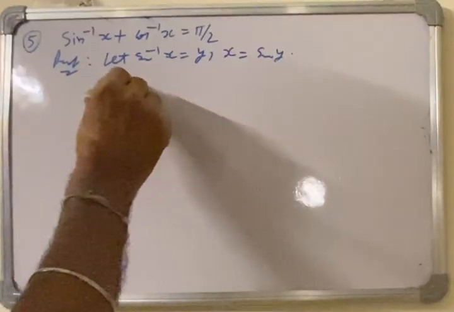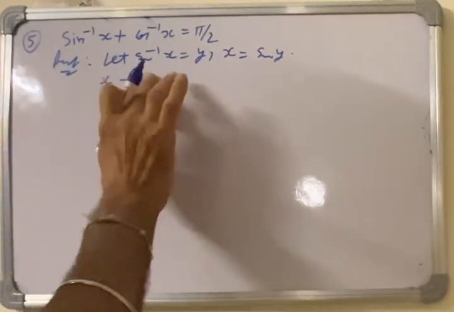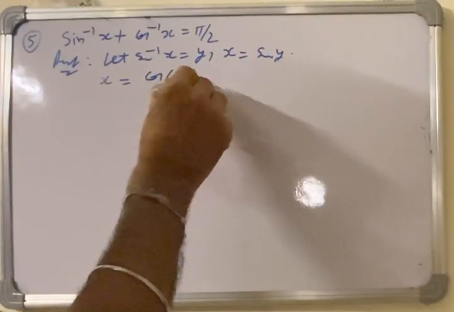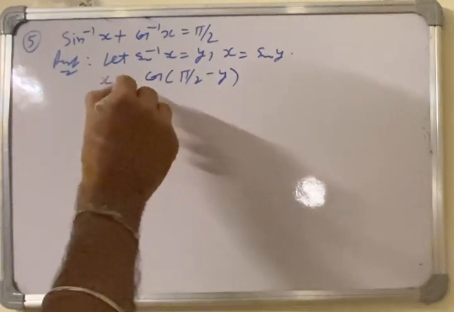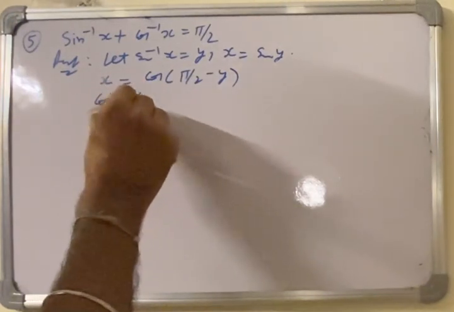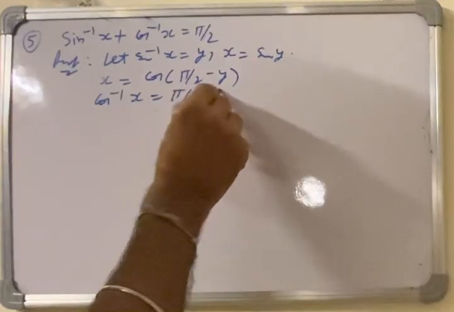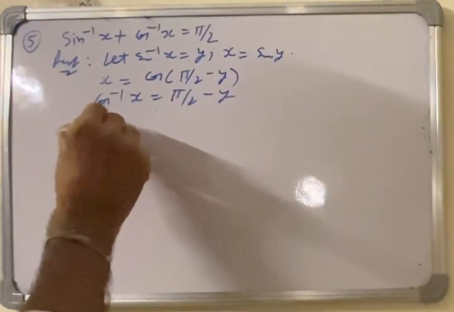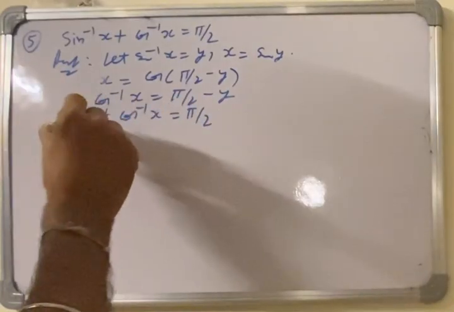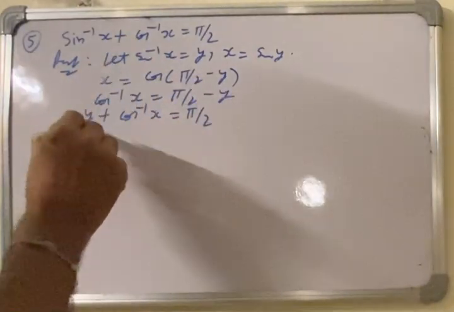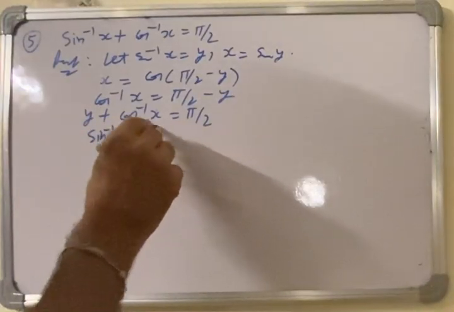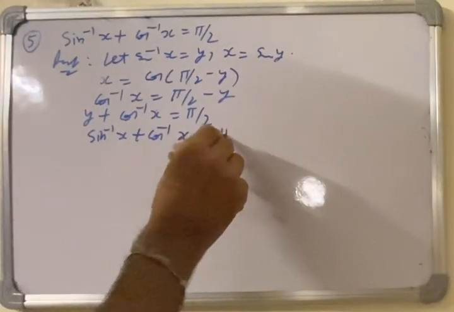Now x is equal to sin y, we can write it as cos of pi by 2 minus y. Then cos inverse x by definition is pi by 2 minus y, and y plus cos inverse x is pi by 2. We can put the value of y, which is sin inverse x, so sin inverse x plus cos inverse x is equal to pi by 2.